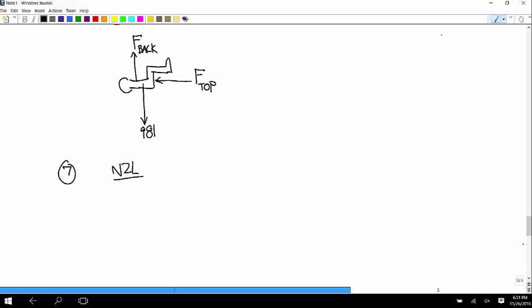Okay, so now let's put this all together. So there's the free body diagram. We have a downward force, 0, negative 981. The force from the top of the chair is in the negative x direction, so that's negative F top, 0.